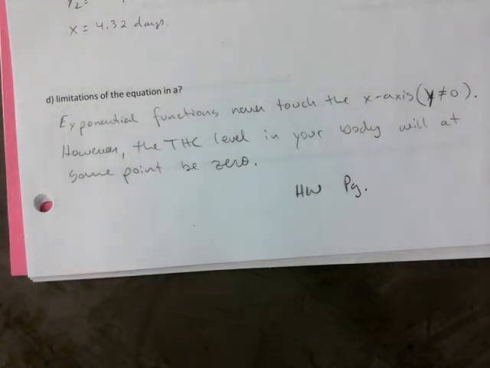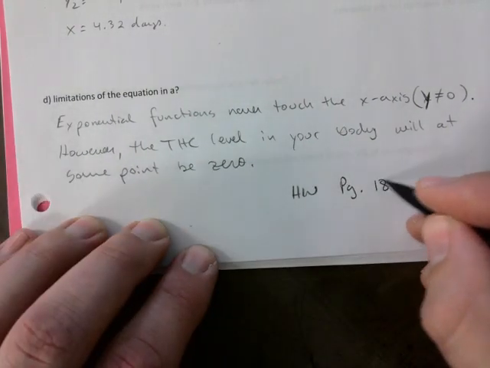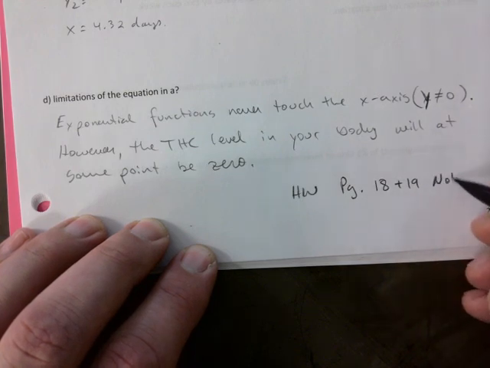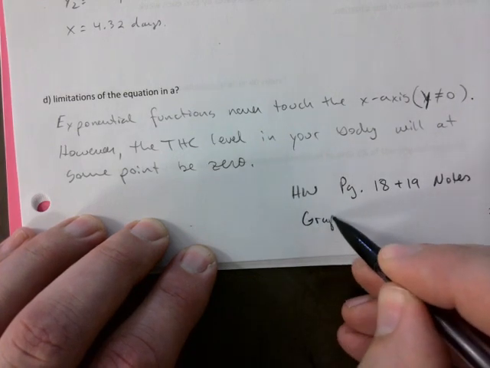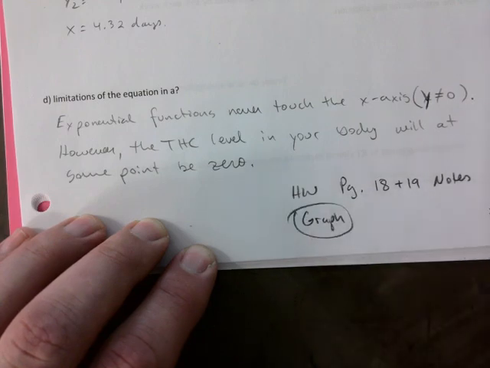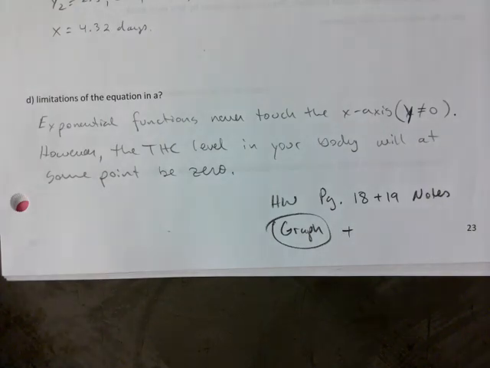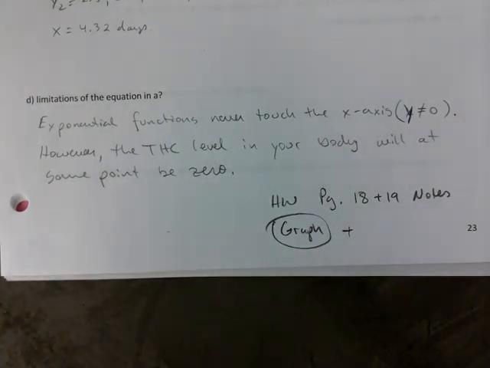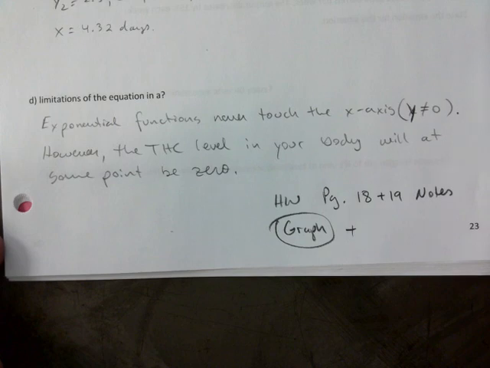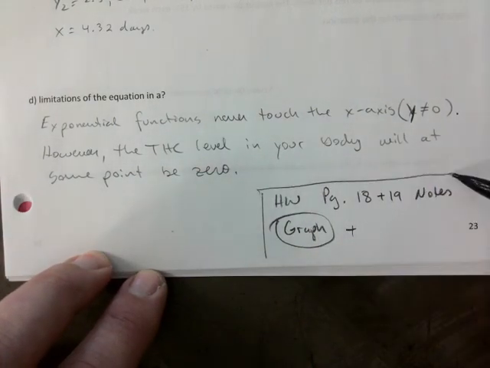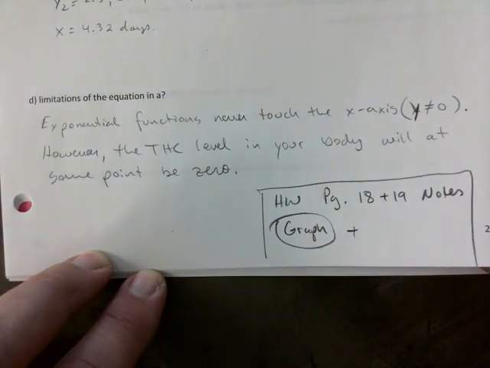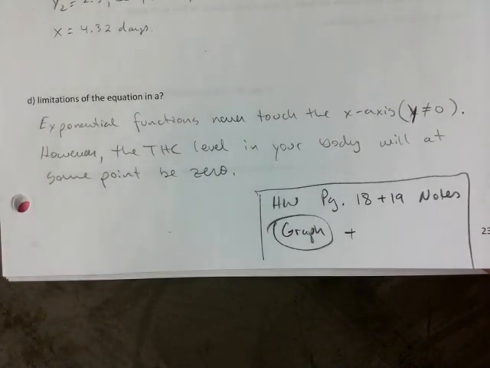Page 18 and 19 in the notes. Graph, please, if you can, as well. Plus, if you go past this page that we just did, there's a bunch of questions. So write this down first, okay? Very important that you try that. It's not that difficult if you just know what needs to be done, right? If you know what needs to be done, oh, doubling time, boom, I know what I need to do with that. Oh, half-life, I know what I need to do with that.